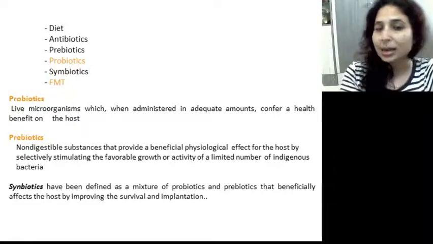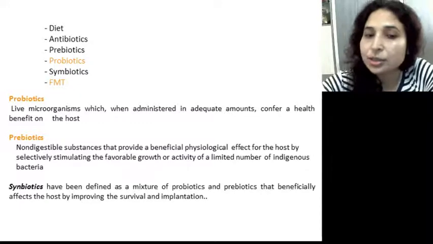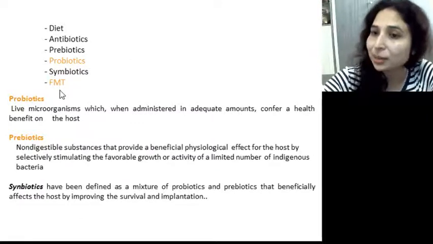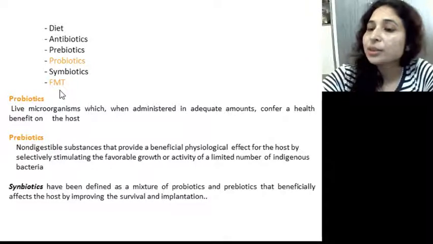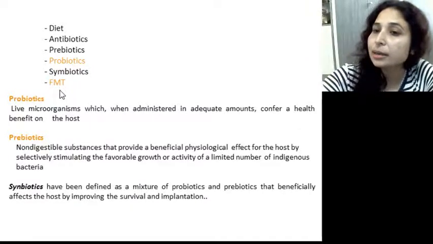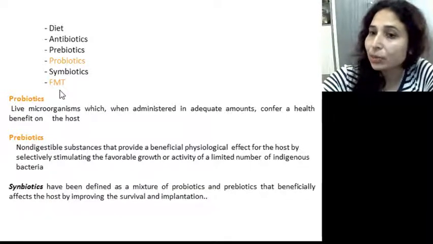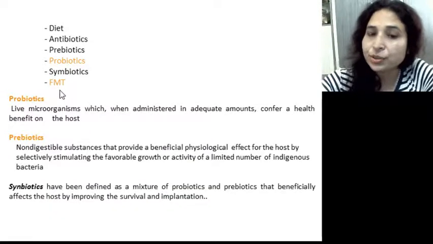So these are some of the recommendations. Another is the fecal matter transplant. If a person is missing any vital microbiota, then a fecal transplant can be done to replenish it. So these are some of the ways by which the gut microbiota can be replenished.